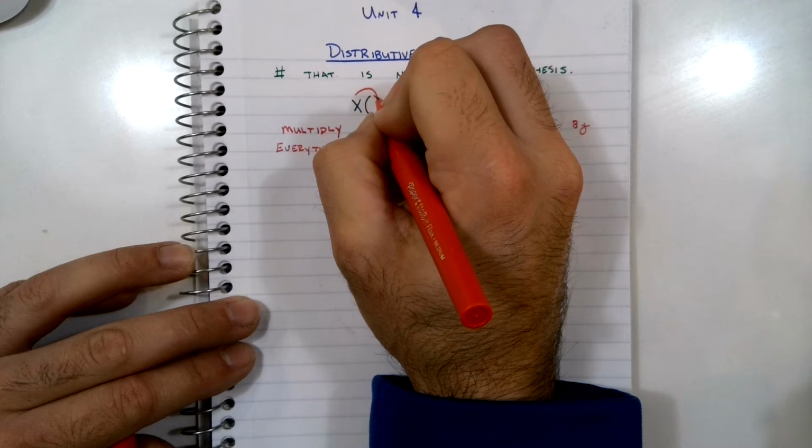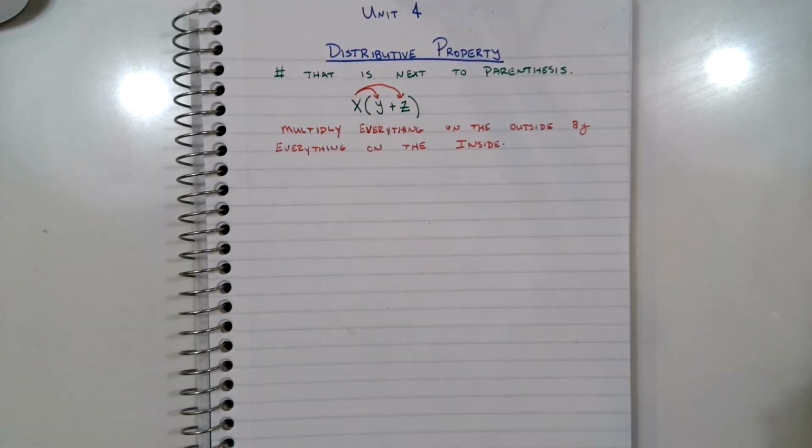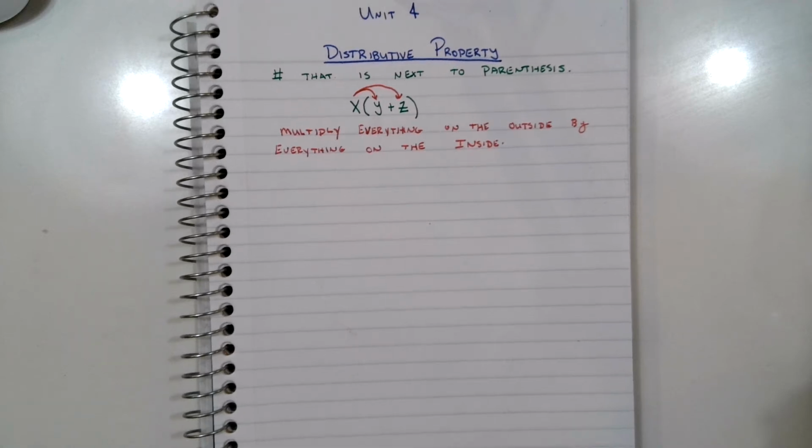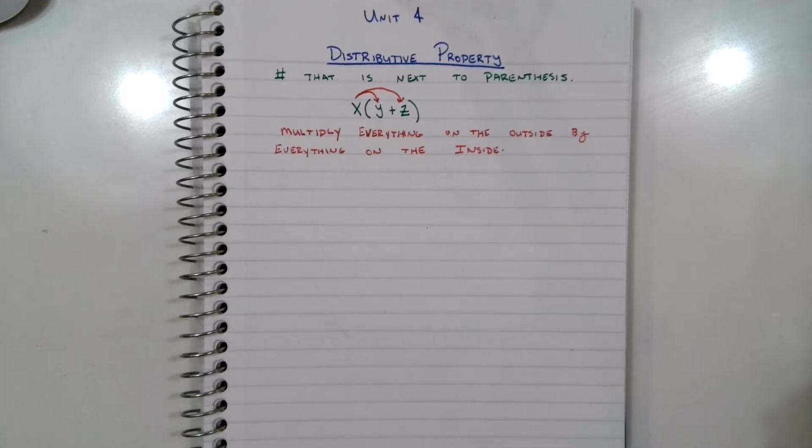So everything out here multiplied by everything in there. We're going to do a few examples so you can see what it looks like.